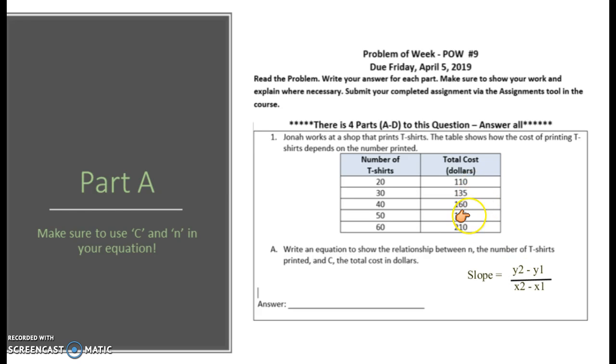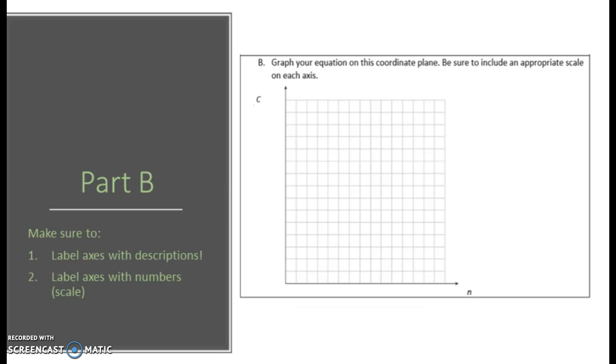So the change of our outputs over the change of our inputs will give you slope. And remember the y-intercept is when x equals 0. So what would be the value when x equals 0? Hopefully that helps to lead you in the right direction.